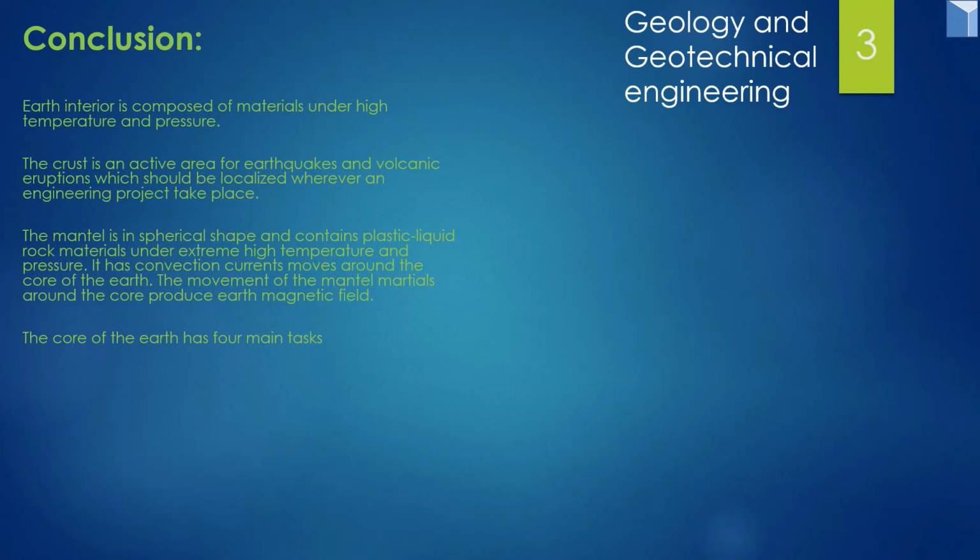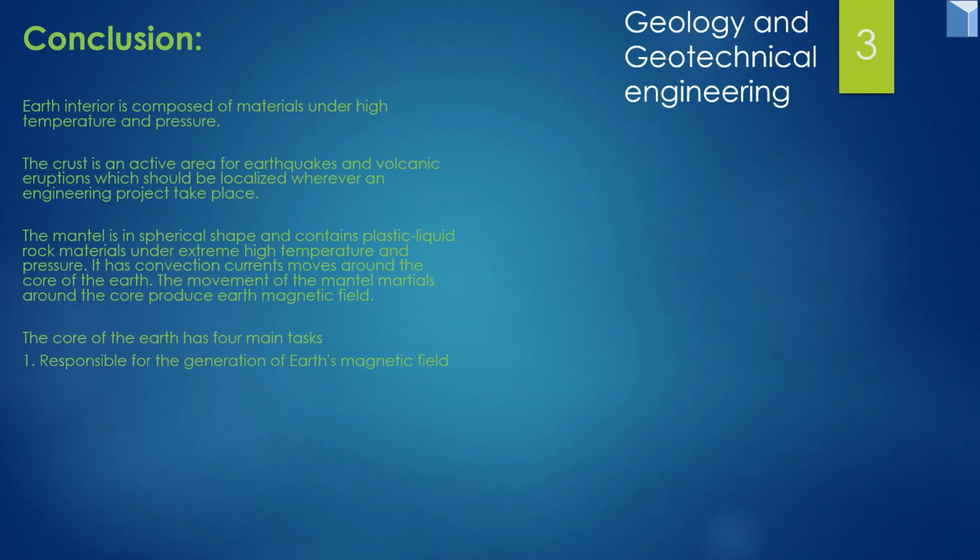The movement of the mantle materials around the core produces the Earth's magnetic field. The core of the Earth has four main tasks or reasons.